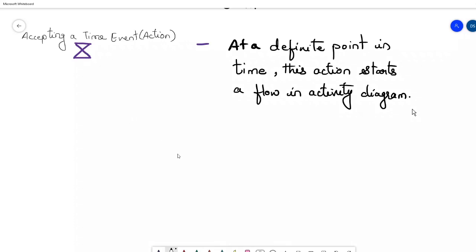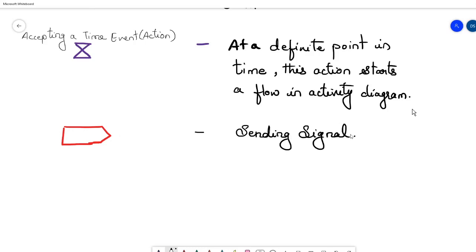Now if an activity is sending signals to other activities for accepting, the signal is being sent to the activities to accept it. So that is being drawn like this, with an arrow-like structure. Okay, this is called sending signal.